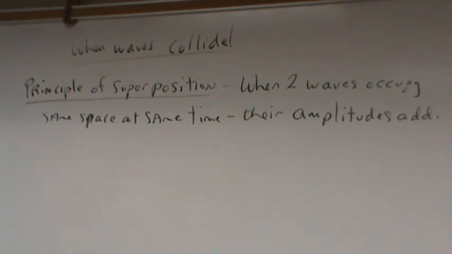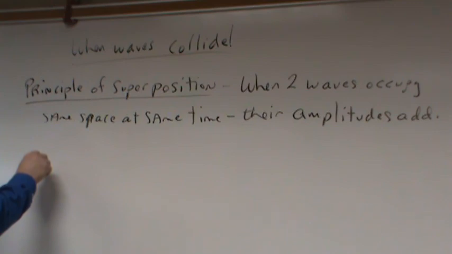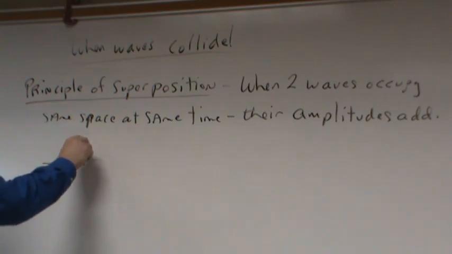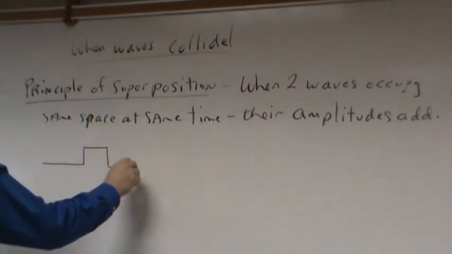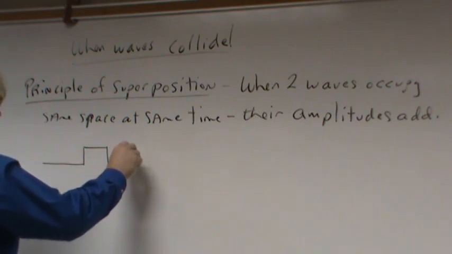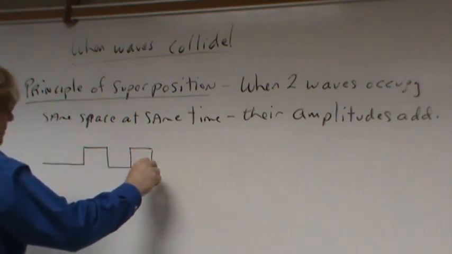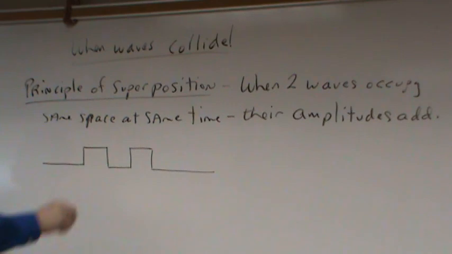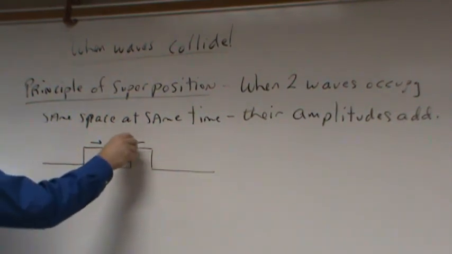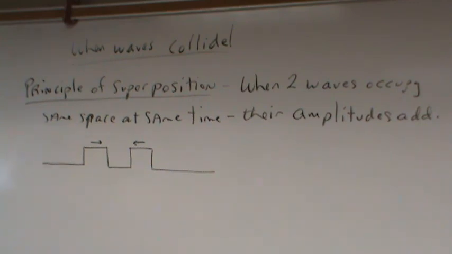I'm going to show you one example, then I'm going to have you guys do two examples on your own. Suppose I have two pulses moving towards each other. This pulse is moving in this direction at 1 centimeter a second. This pulse is moving in that direction at 1 centimeter a second.